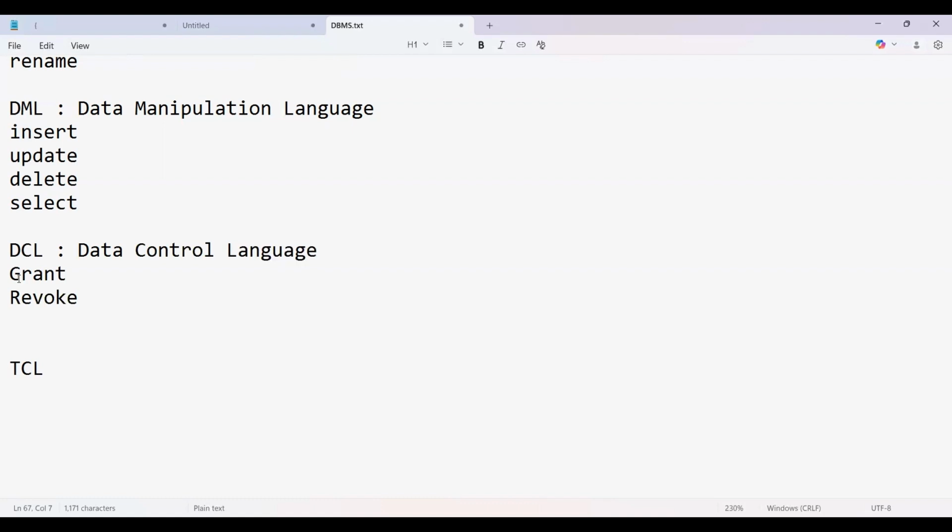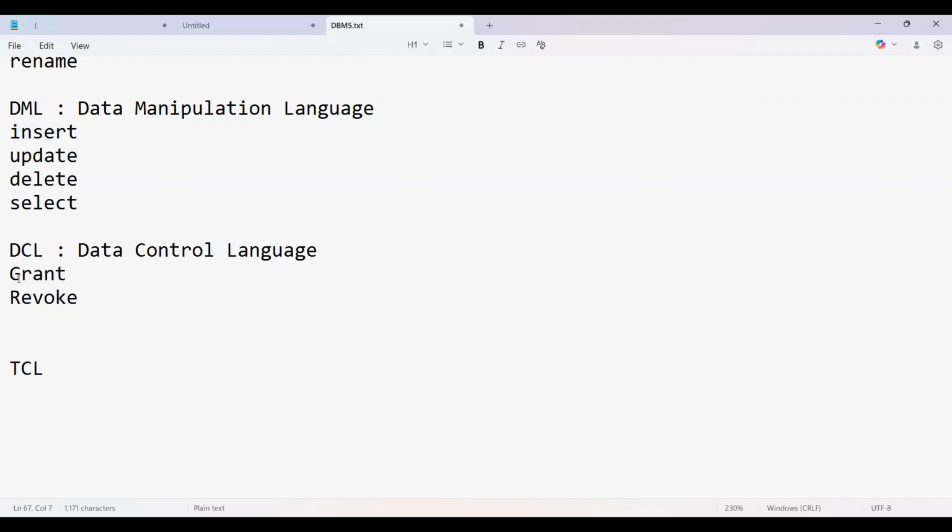Suppose I am a fresher joining a new organization. First of all, I need access rights to whatever databases are there.